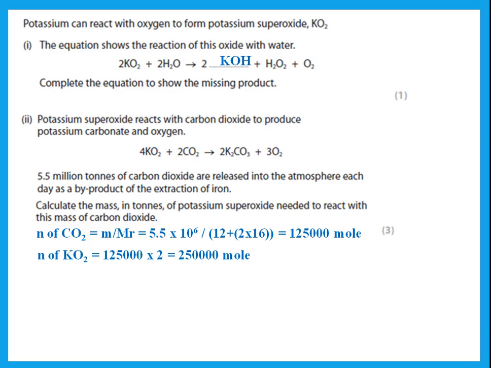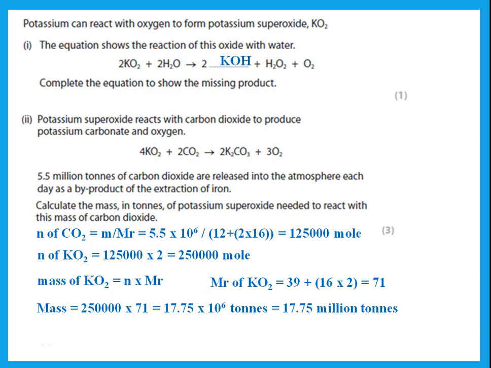The equation says 4 KO2 reacts with 2 CO2. That means number of moles of KO2 is twice that of the carbon dioxide, and then from that I can get the mass of the KO2, which is number of moles times MR. Now that is the MR 71, so the mass is this, so that comes out to be 17.75 million tons.